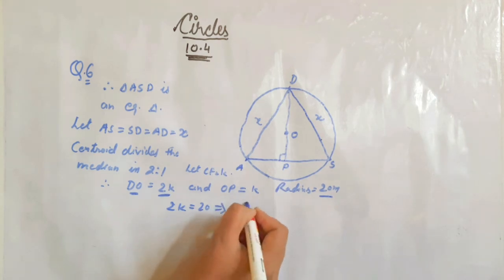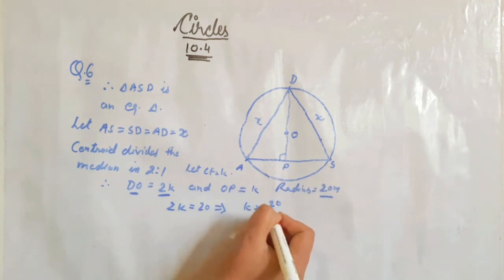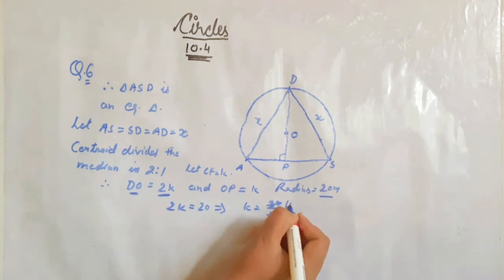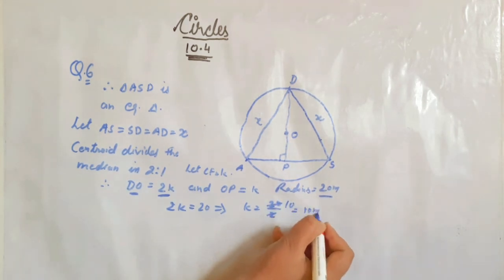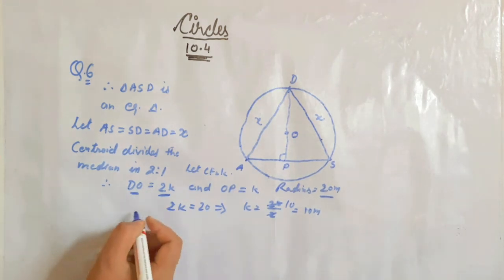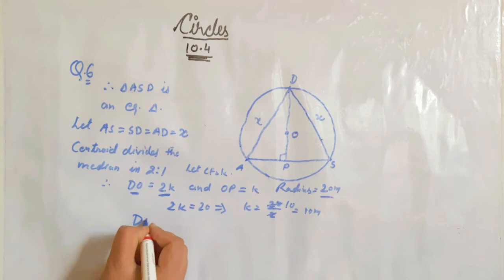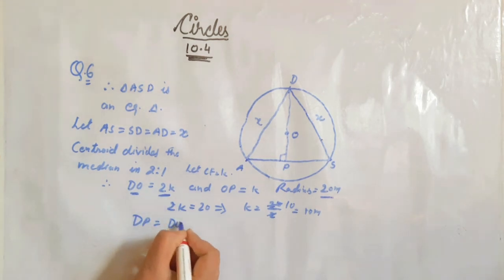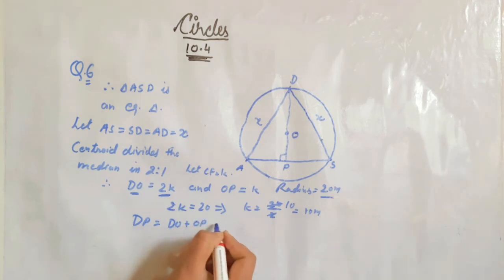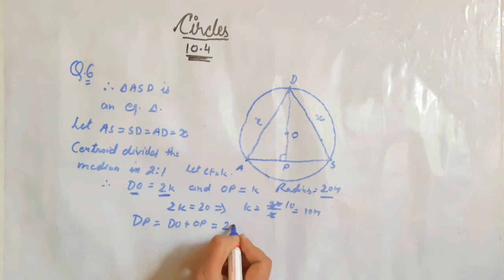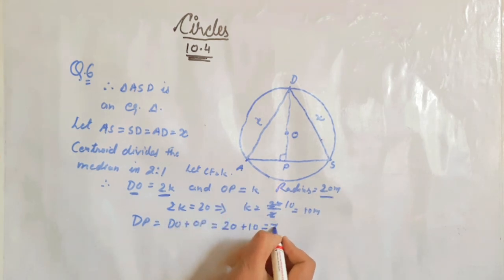From here, K equals 20 upon 2, which is 10 meters. Then the length DP will be equal to DO plus OP, which is 20 plus 10, which equals 30 meters.